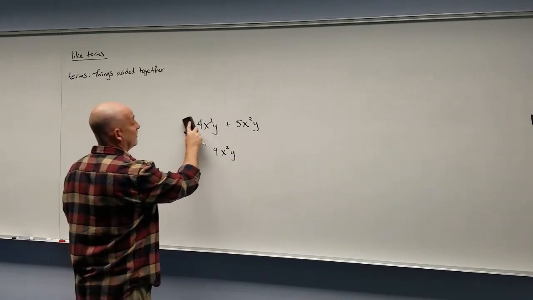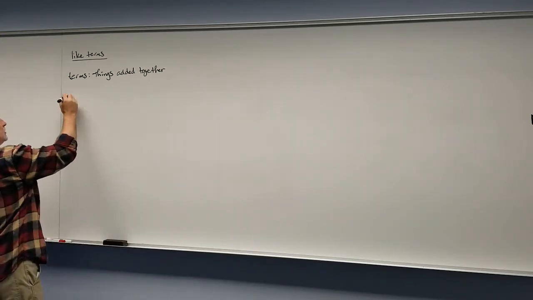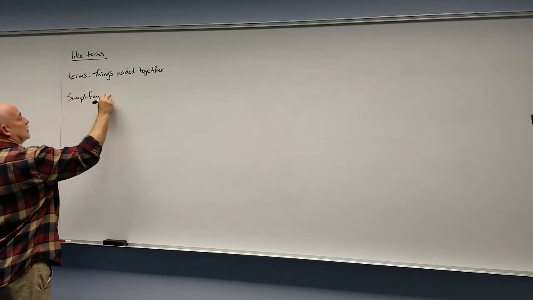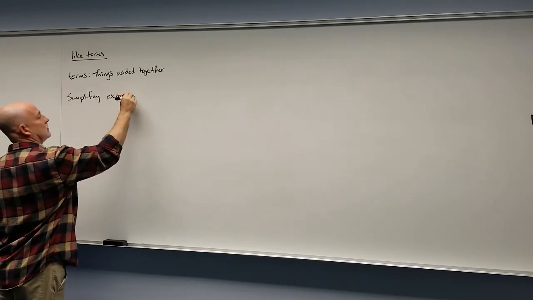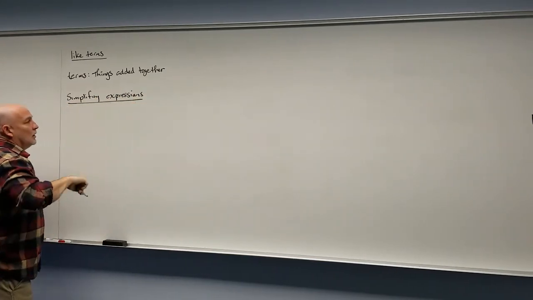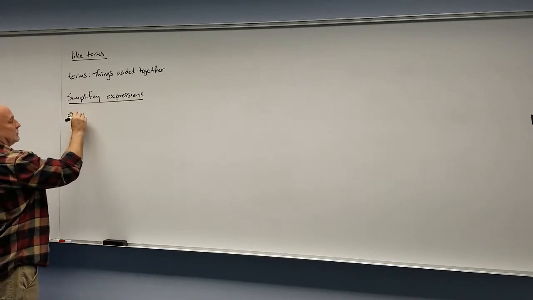All right, so now that we know what terms are, we're going to get down to what's called simplifying expressions. All right, so we have another word up here that we're going to see if we understand, and it's the word expression.